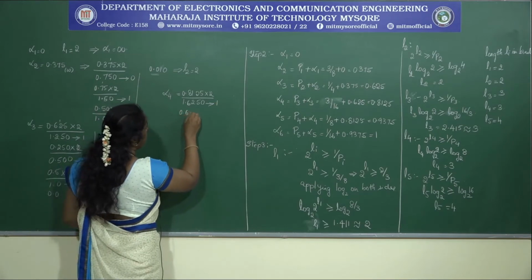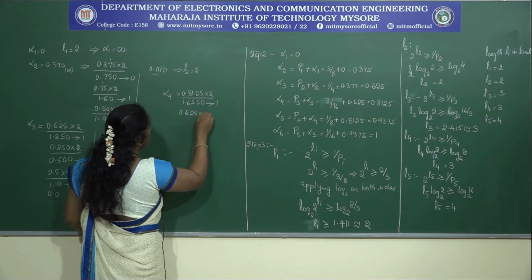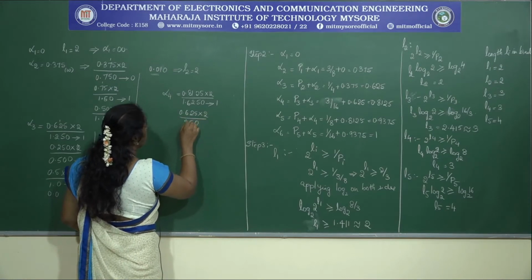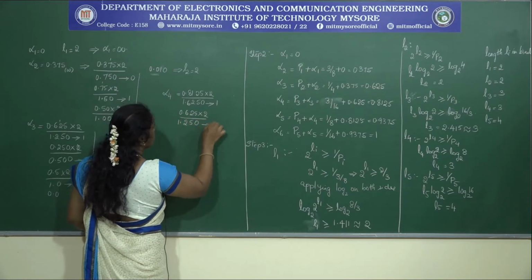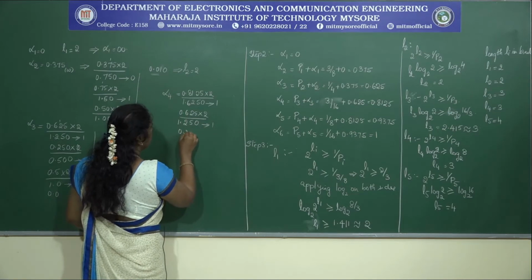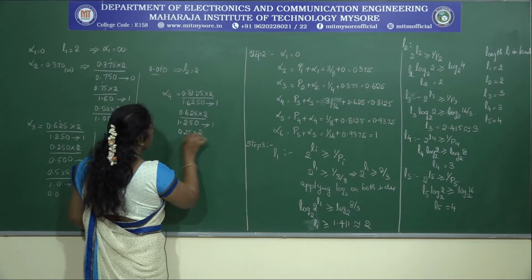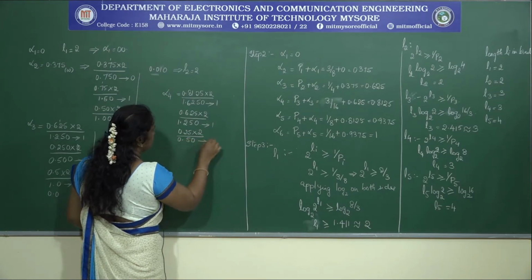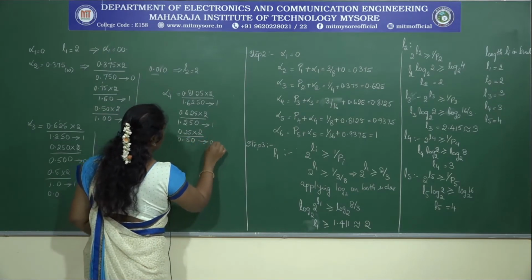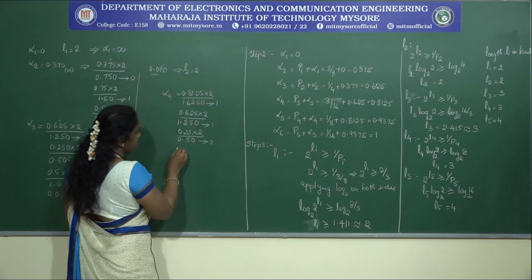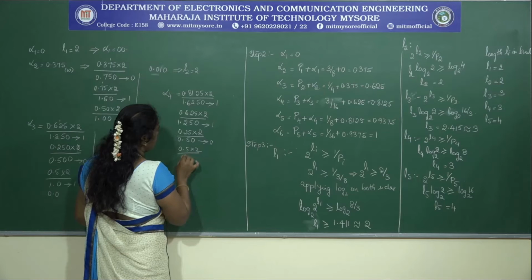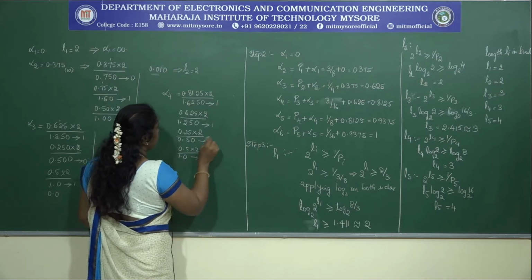So this will be 0.625 into 2, the remainder is 1. Here the remainder value is 0. So it is 0.5 multiplied by 2, we will be getting 1.0 with remainder 1.